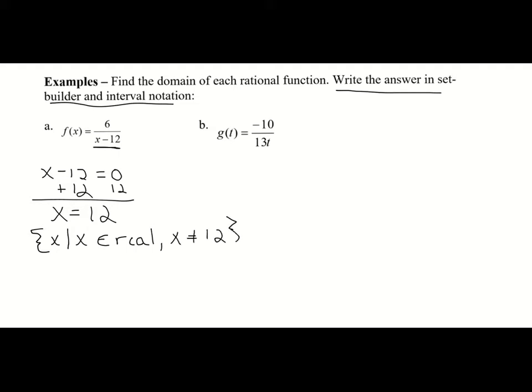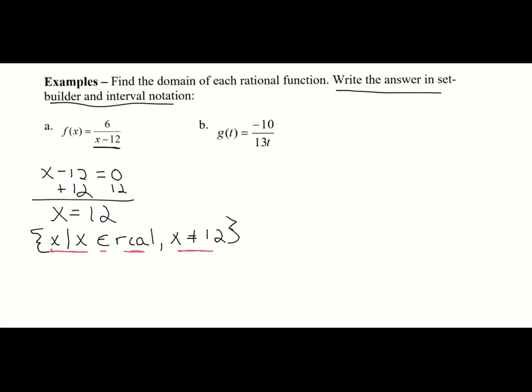And if you recall with your set builder notation, we always start off with the set of all x such that x is an element of, and in our case, we're always talking about real numbers for these problems, so we're going to put our real numbers there. And then what you're going to have to change is where it's undefined, so you have to list that.